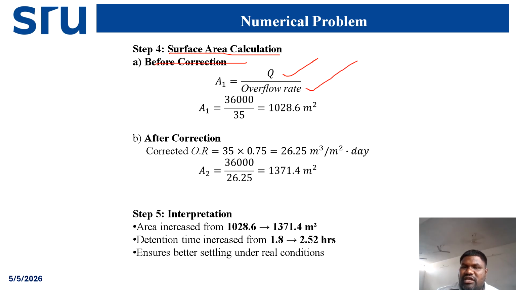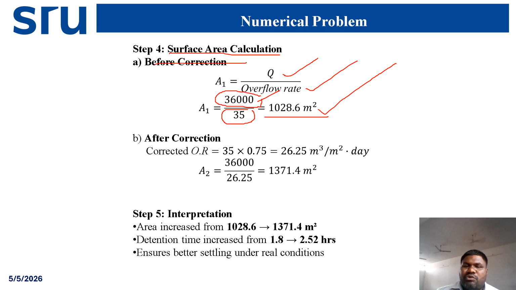So Q value will be 36,000 meter cube per day, and here also is given 35 meter cube per meter square per day. Based on these parameters, the area could be around 1028.6 meter square. This is the before-correction surface area.